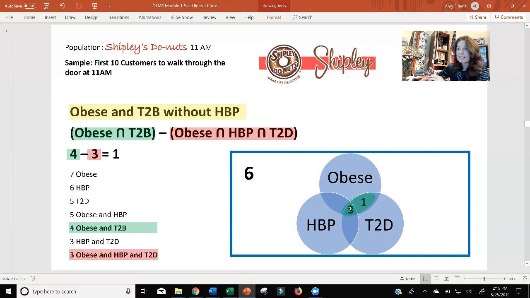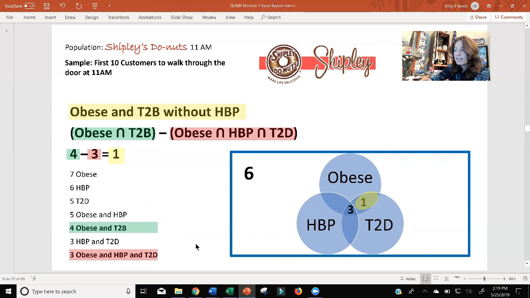So in this case, to find out who has just obesity and type 2 diabetes, I have to subtract out these 3 people who had all 3. So now I know that just for that one little section of my Venn diagram, I have just one person who belongs in there. I still have all 4 of the people with the overlapping subsets, obesity and type 2, but only one goes in this little section.